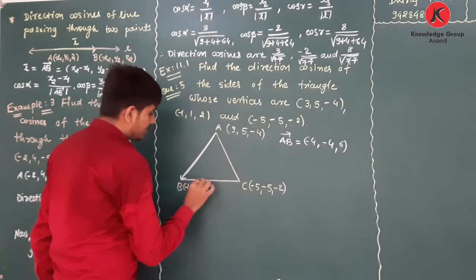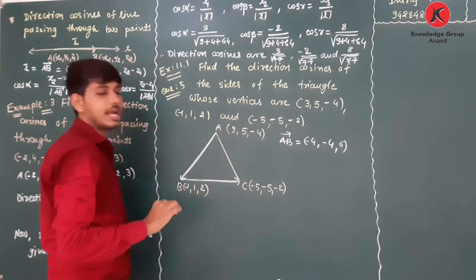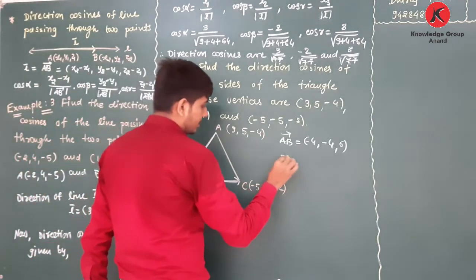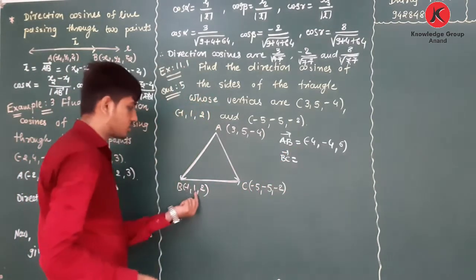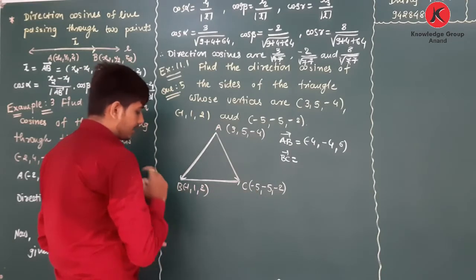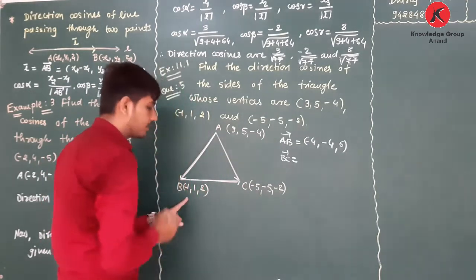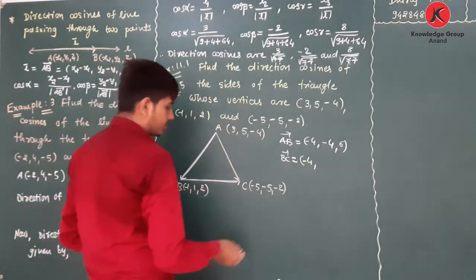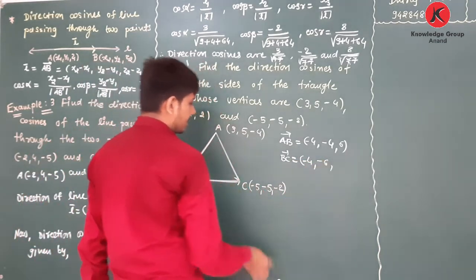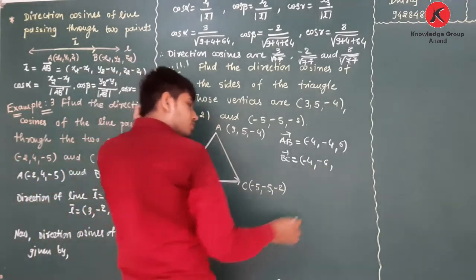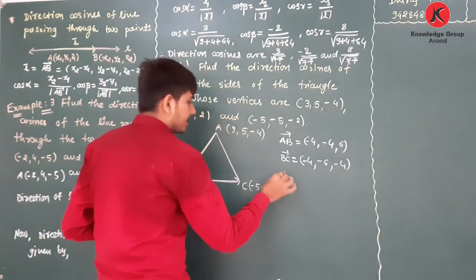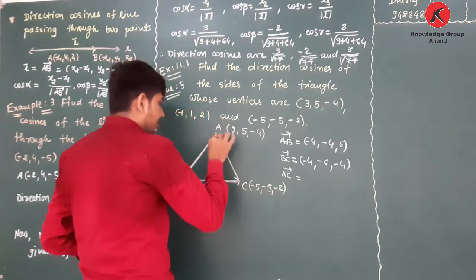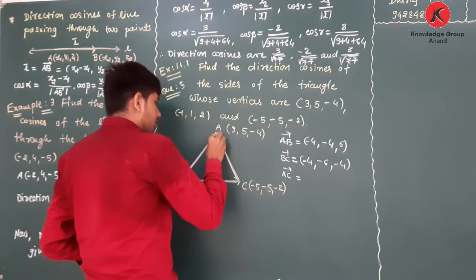सेम वे BC वेक्टर की भी हमको direction cosines निकालनी है, तो वेक्टर BC भी फाइंड आउट कर देते हैं। चलो वेक्टर BC which is equals to C minus B, we are getting minus 5 plus 1, minus 4, minus 5 plus minus 1, minus 6, and minus 2, minus 4. Same as वेक्टर AC और वेक्टर CA। तो CA वेक्टर की भी डायरेक्शंस निकालनी है.